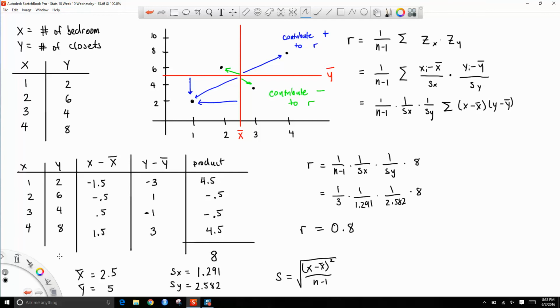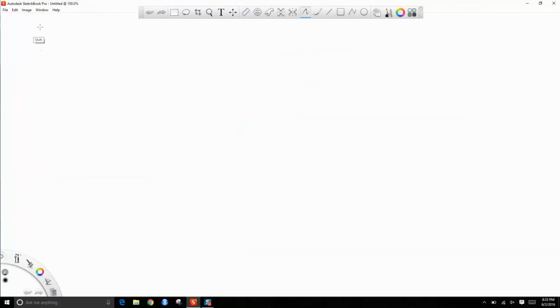Is that good? Okay. So if I had the data points like this, what would our value be? R here would be 0.